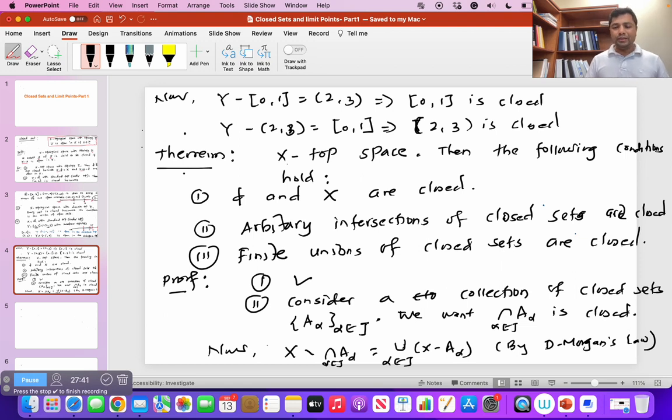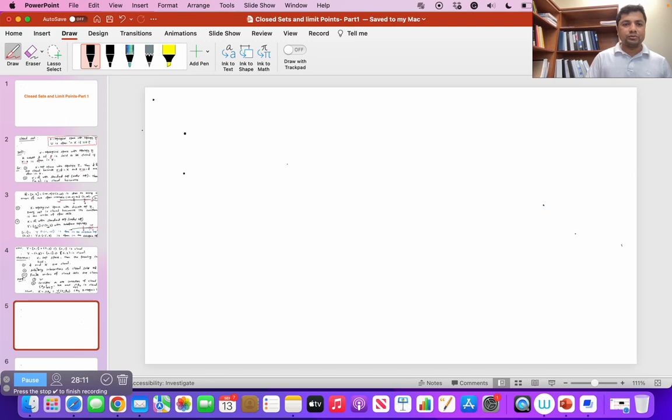Now here we know that these A alphas are closed sets. So that means X minus A alpha are open sets by the definition of closed sets. And since each X minus A alpha is open, and since we are in a topological space, the arbitrary union of open sets is open. So the right side is an open set. That means the left side is also open. Okay, now let me write that down here.